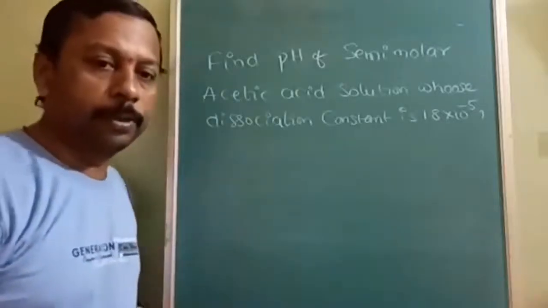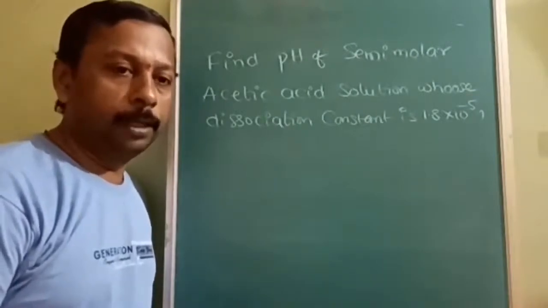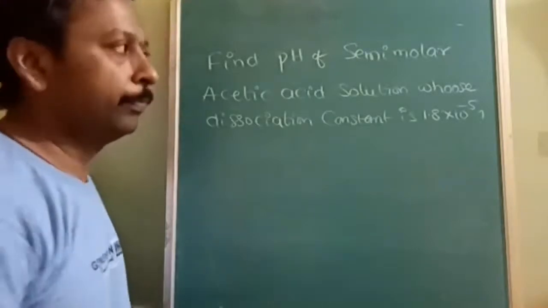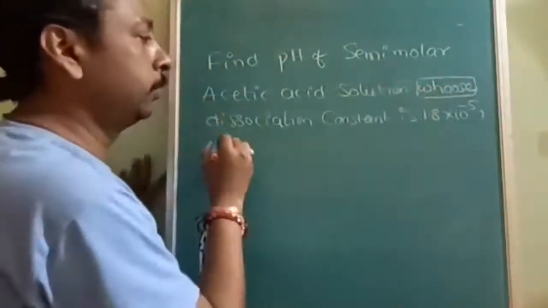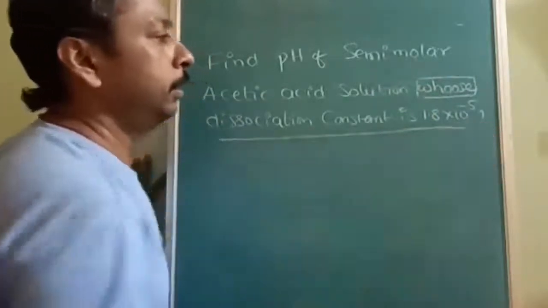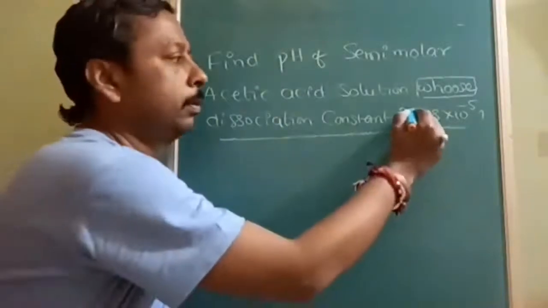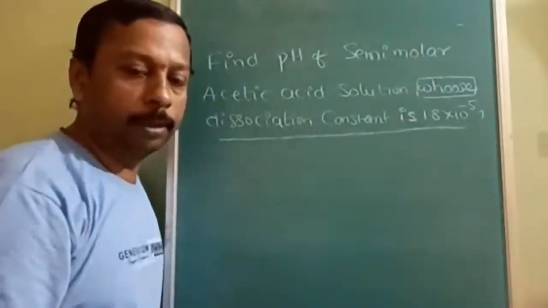Okay, next question is find pH of semimolar acetic acid solution whose dissociation constant is 1.8 into 10 to the power of minus 5.